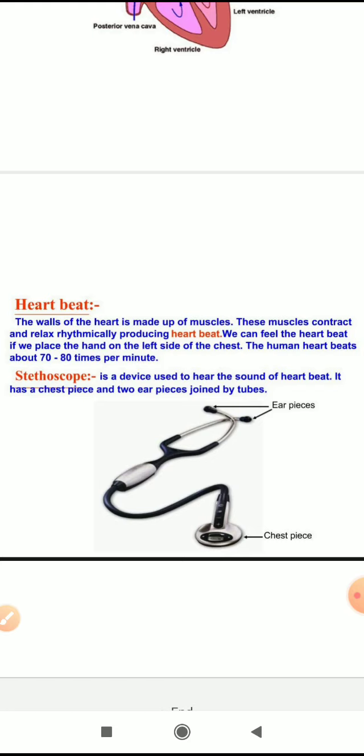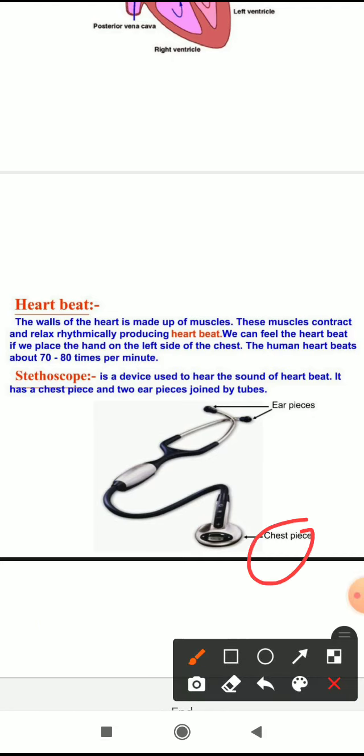You can see in the picture, this is the chest piece. The doctor will keep it on your chest, and the two ear pieces the doctor will set in his or her ears, and then he or she is able to listen to your heartbeat, and then will diagnose your heartbeat.